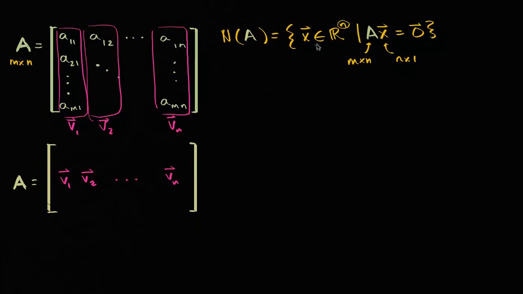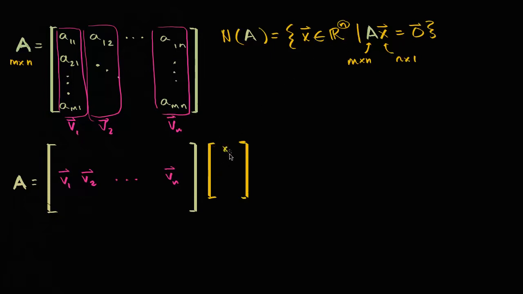So another way of thinking about it is, if I take my matrix A and multiply it by some vector x that's a member of this null space, I'm going to get the 0 vector. So if I take my matrix A, which I've expressed here in terms of its column vectors, and multiply it by some vector x right over here, this is the vector x, and it's a member of Rn, so it's going to have n components.